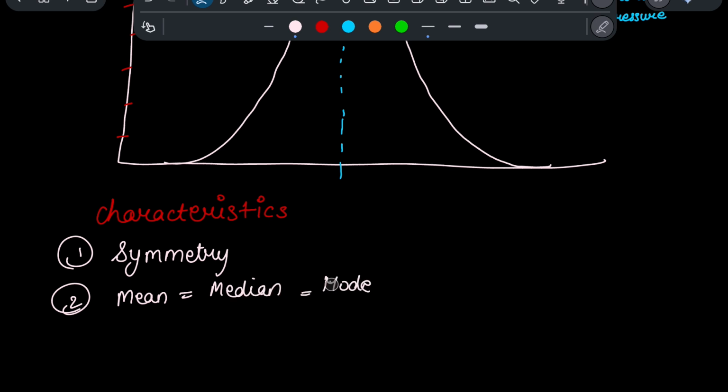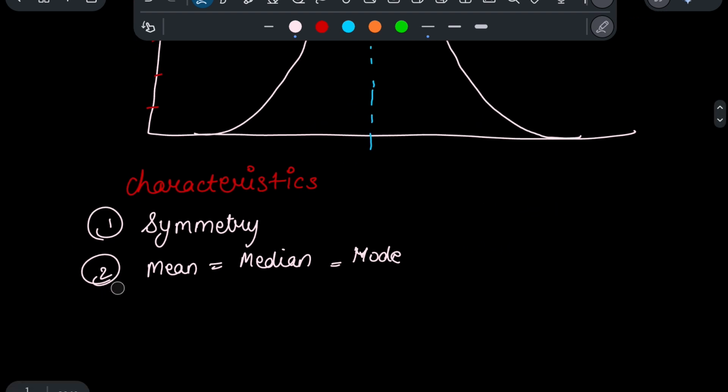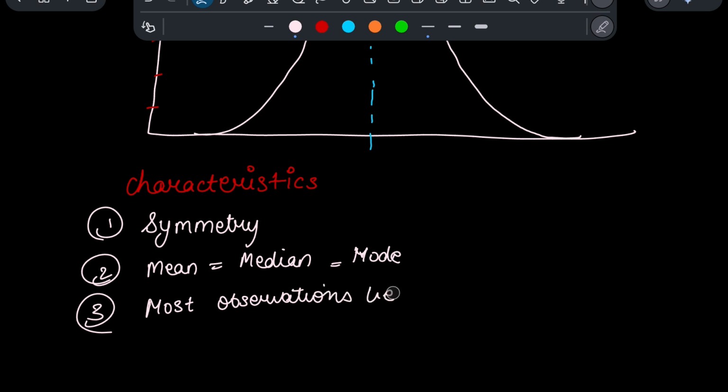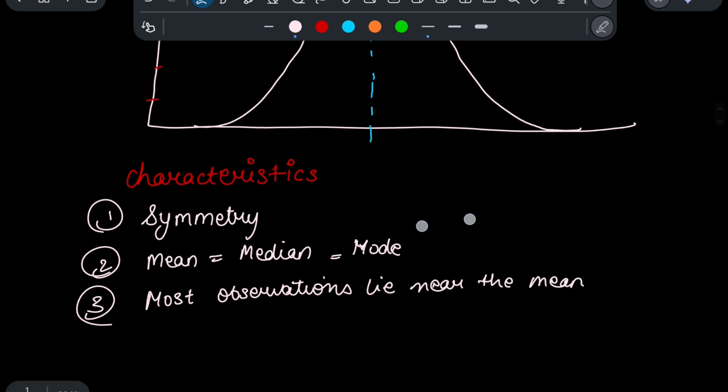Third is that most observations lie near the mean, and the spread is controlled by the standard deviation.